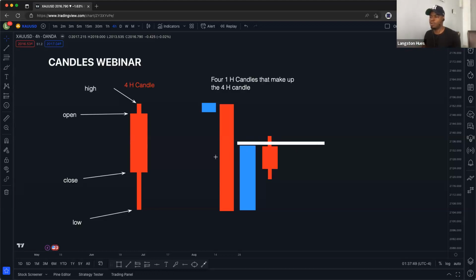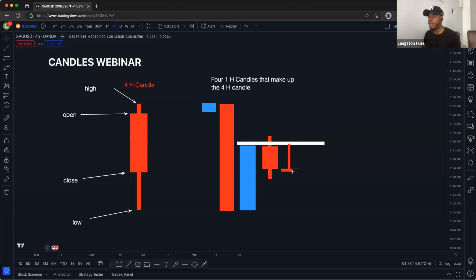So that's important to know, because if we're bearish on the 4-hour and we're creating this resistance right here, that means the next candle could potentially open up right here, right? Create this top wick, respecting that resistance.